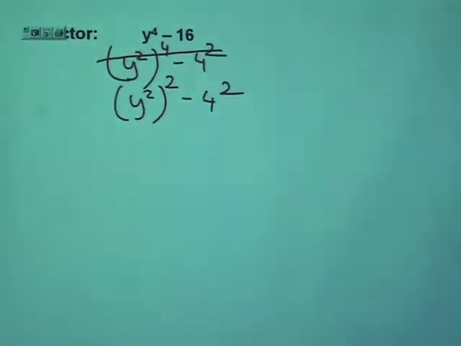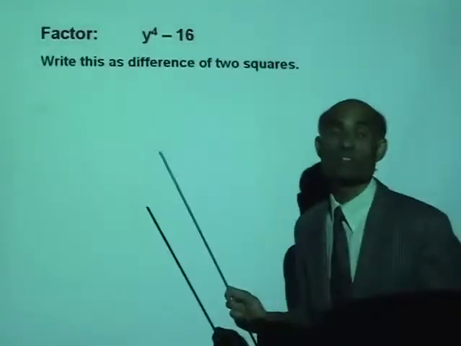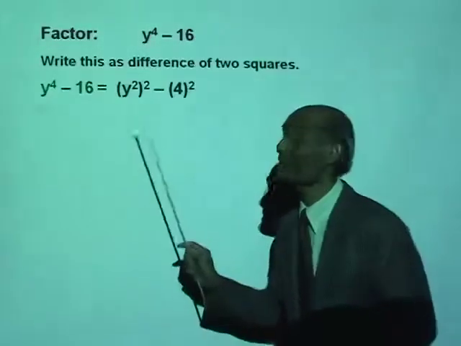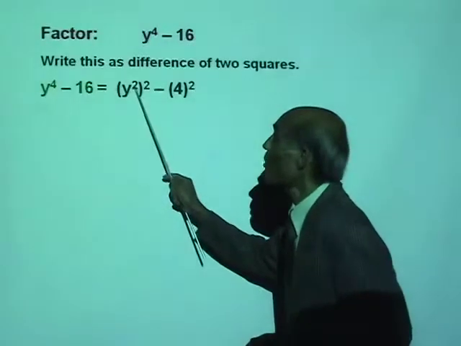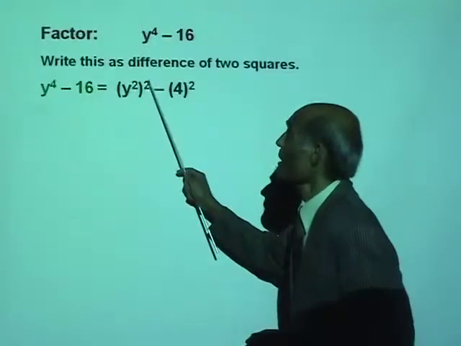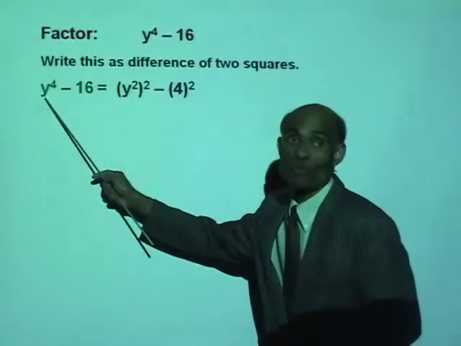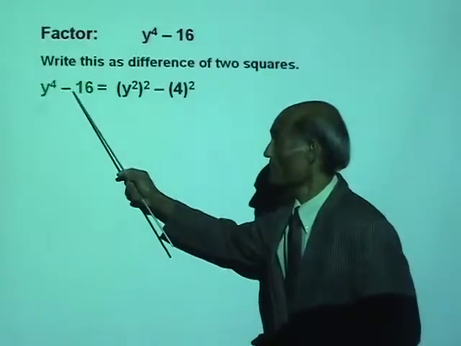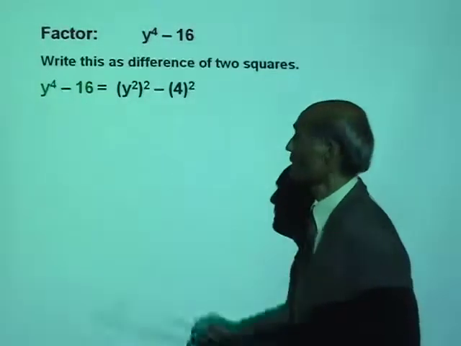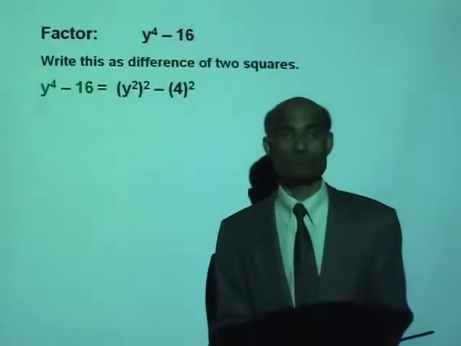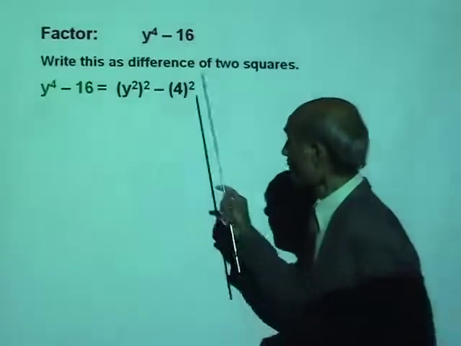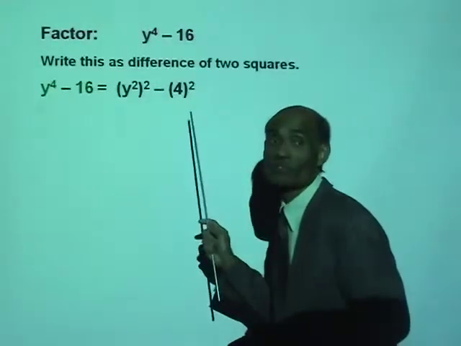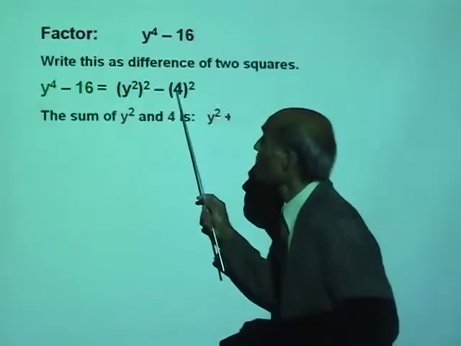Let's continue factoring it. So writing this as the difference of two squares, you have y squared all to the power of 2 is your y to the power of 4, minus 16 is 4 to the power of 2. Well, we can now factor this. What is the sum of these two?